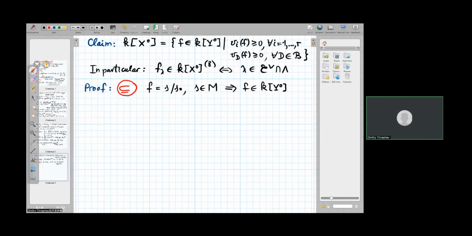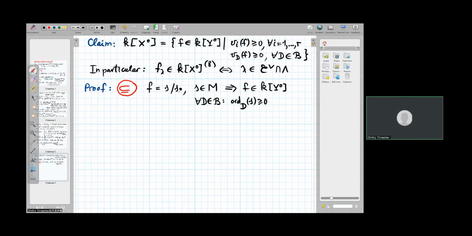Since the section s is regular, then for any D in B, the vanishing order of the section s along D is non-negative, just because the section s is globally regular, everywhere defined.